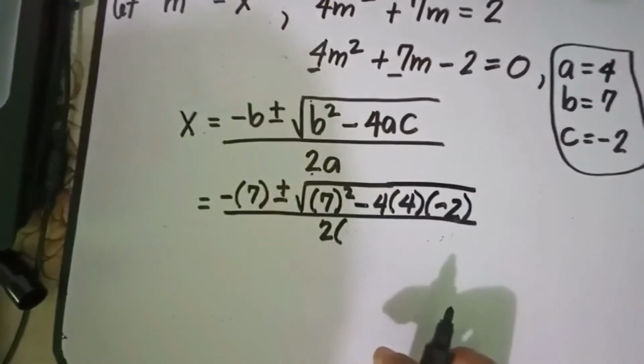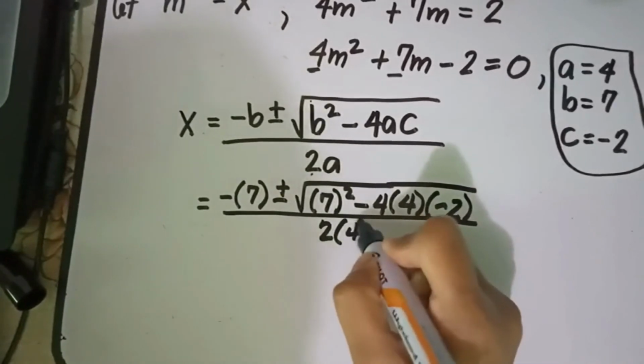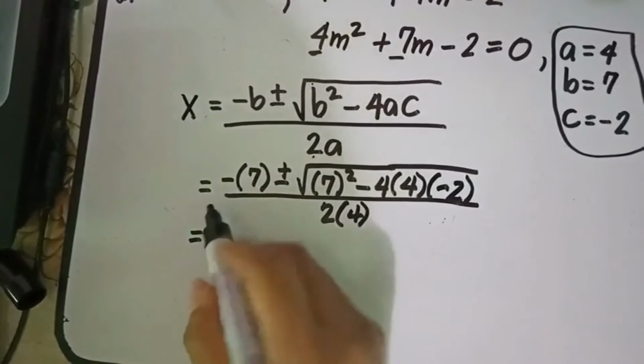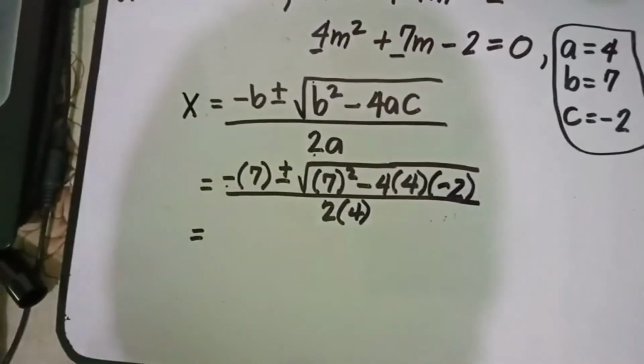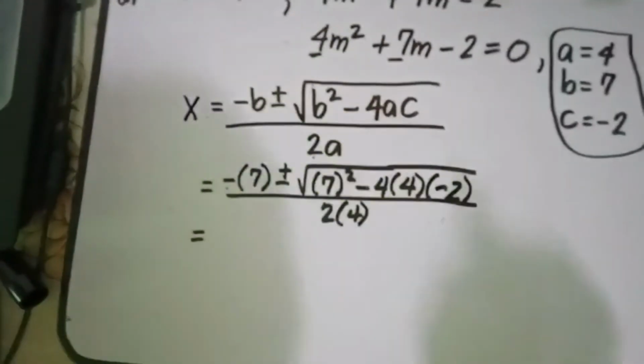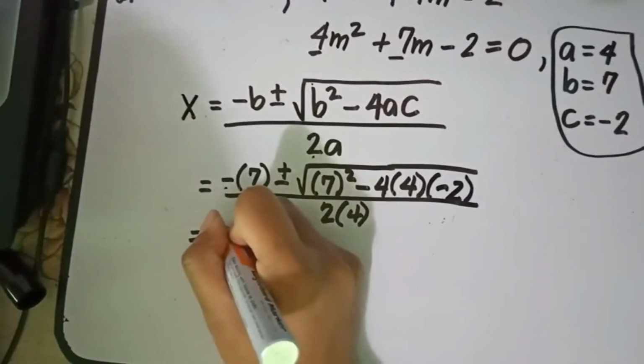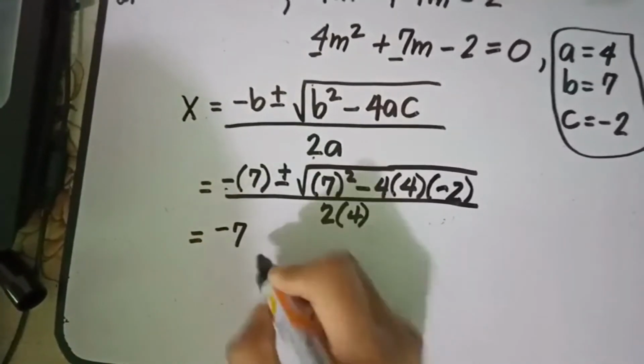Ano yung A natin? 4. So, equal to negative times positive. Negative times positive is negative. So, therefore, negative times 7 is negative 7.